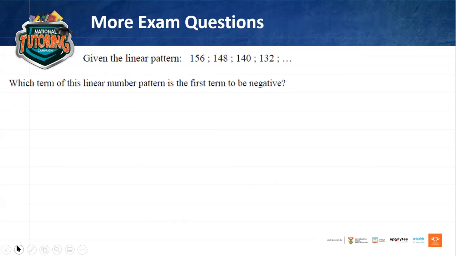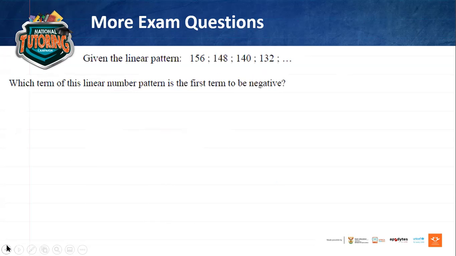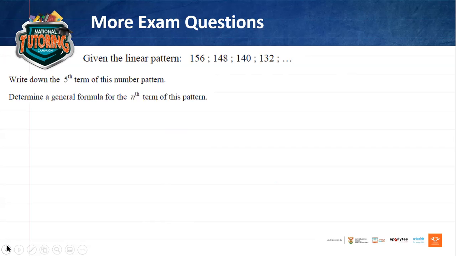All right, our time is running a little bit short, so I might do one more example. We can look through this one here. Given the linear number pattern, write down the fifth term in the number pattern.